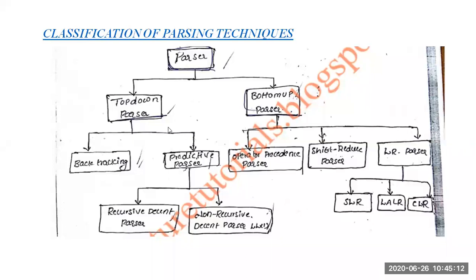We will learn about the top-down parser in our second unit. Then in the third unit, we have to learn about the bottom-up parser. Bottom-up parsers are operator precedence parser, shift reduce parser, and LR parsers: SLR, LALR, CLR. In this unit, we have to cover the top-down parsers, that is backtracking and predictive parser.